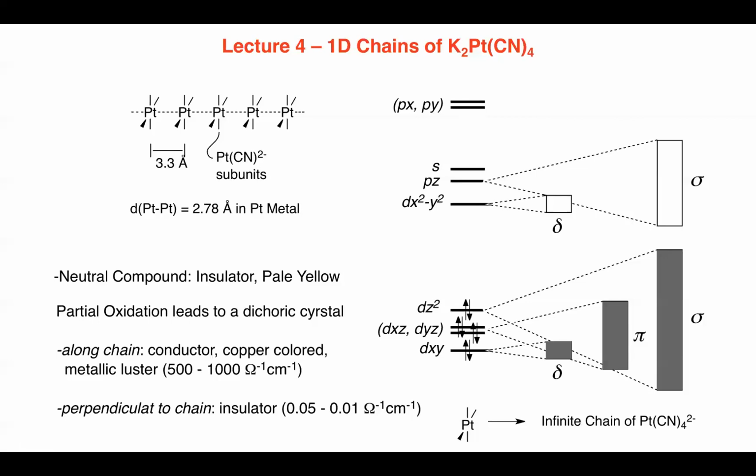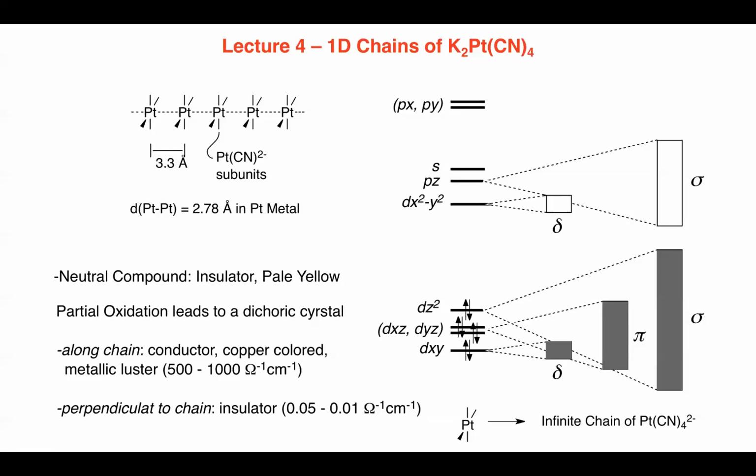So those p orbitals are high in energy, and then the s and the pz are sort of down here. Each one of those tetracyanoplatinates has this sort of molecular orbital structure. If you need a refresher on that, I'm happy to provide one beyond what I've already discussed here in class.